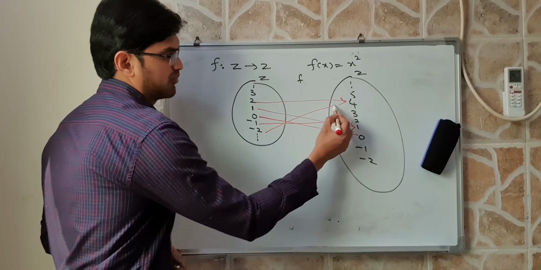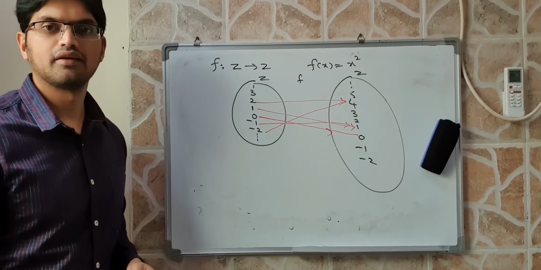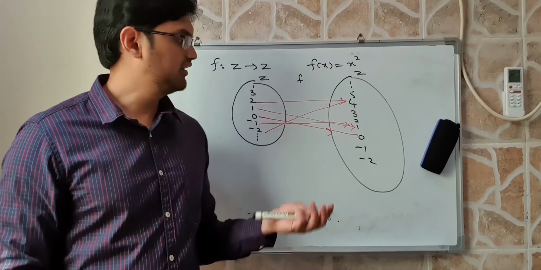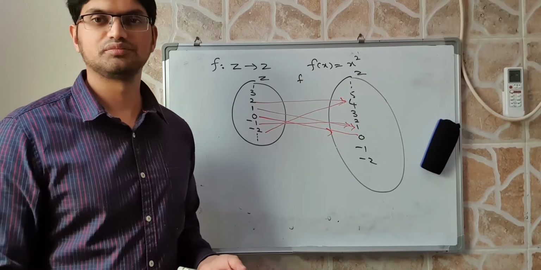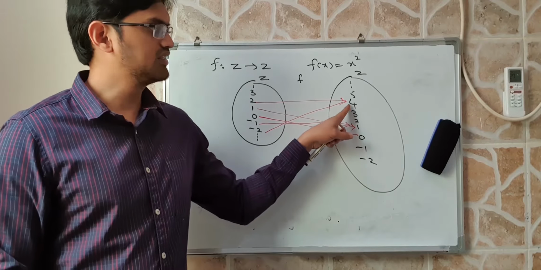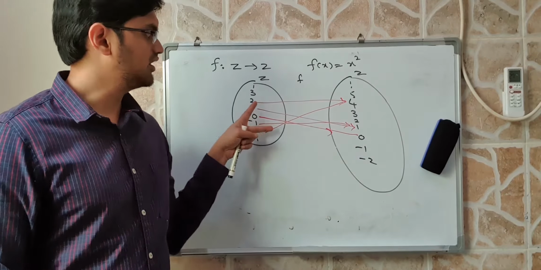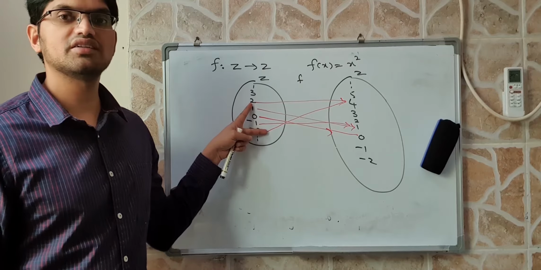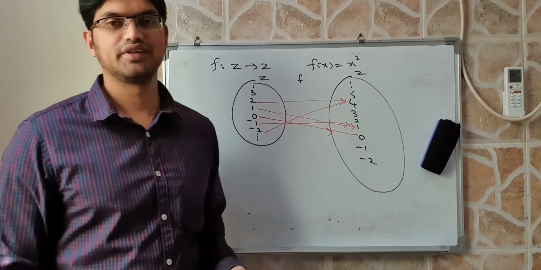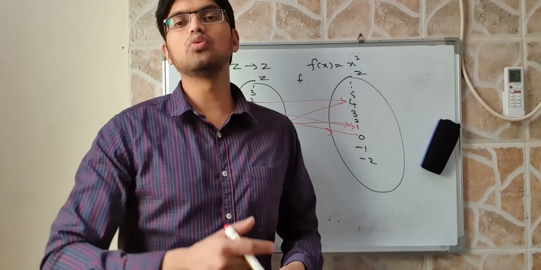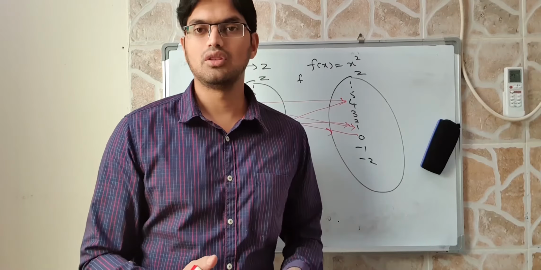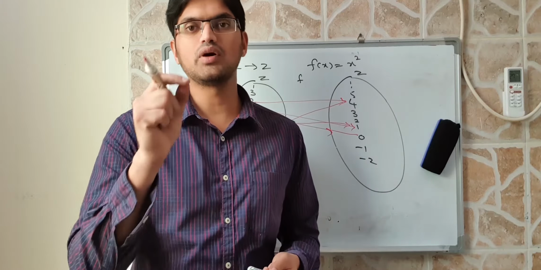So it is mapping to 4. It is clear that it is not 1-1, because you can check 4. 4 is having how many pre-images? 2. In order to prove that something is not satisfied, it is enough to give one example.